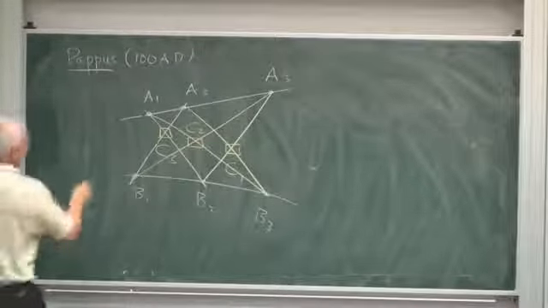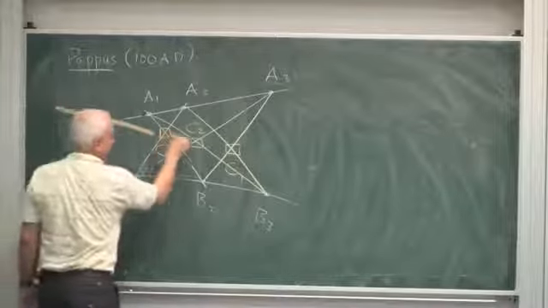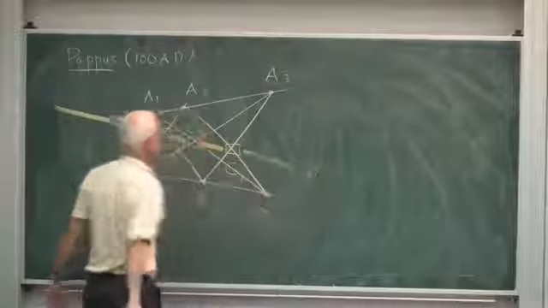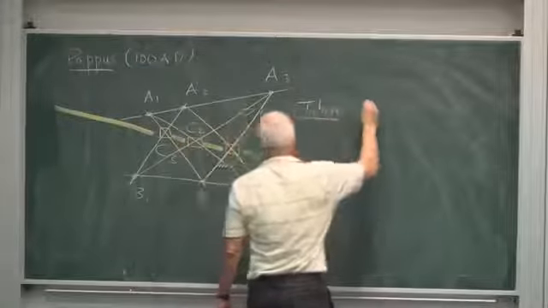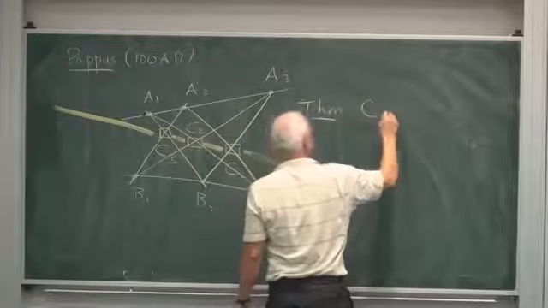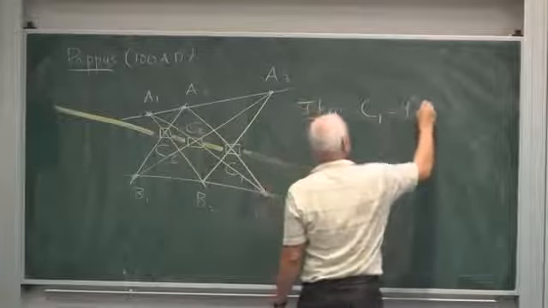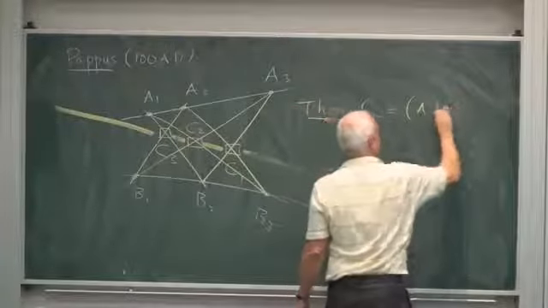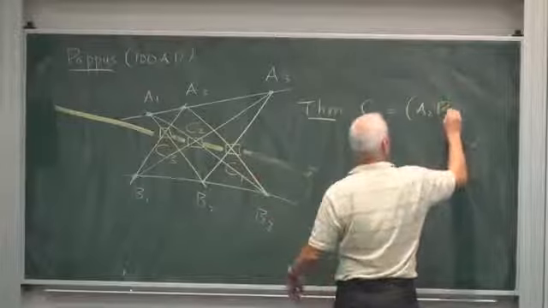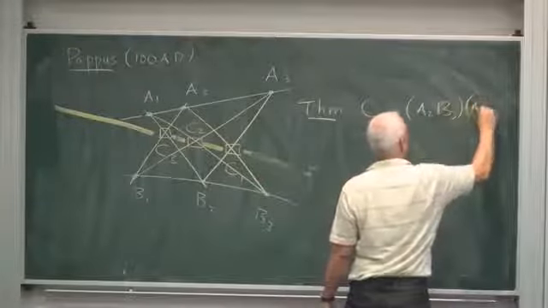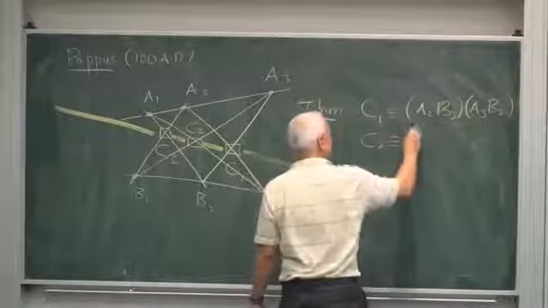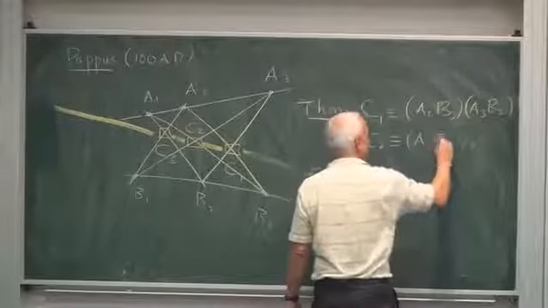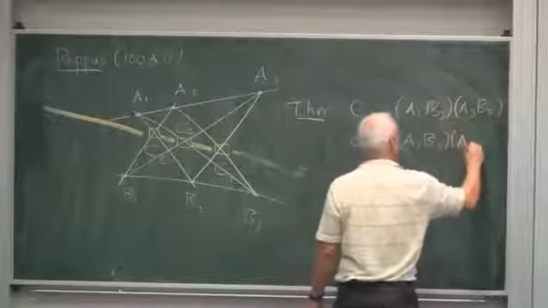And Pappus's theorem is that these 3 points always lie on a line. So if C1 is the intersection of A2, B3 with A3, B2, and C2 is A1, B3, and A3, B1.